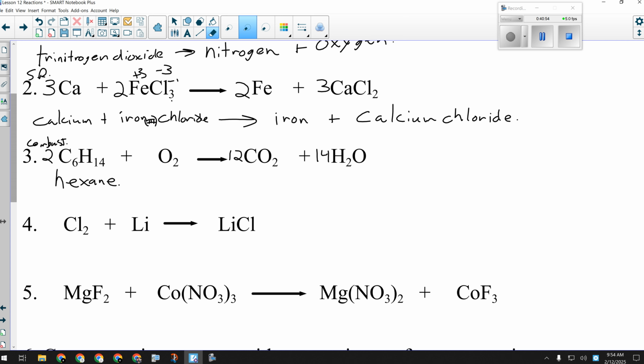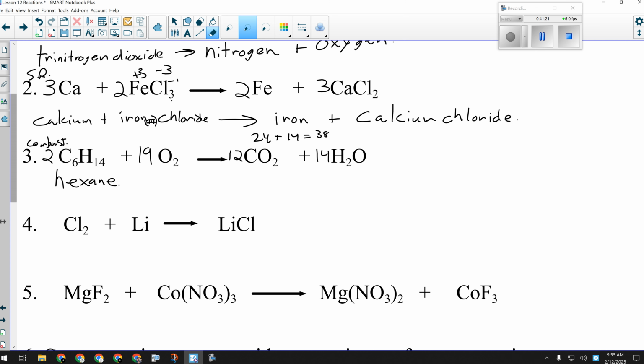Now I need to balance my oxygens. How many oxygens do I have here in the carbon dioxide? 24. Okay, and here I have another 14. That should give me 38 oxygens in the products. So, what times 2 gives me 38? 19. Okay, again, some big numbers for that balancing.